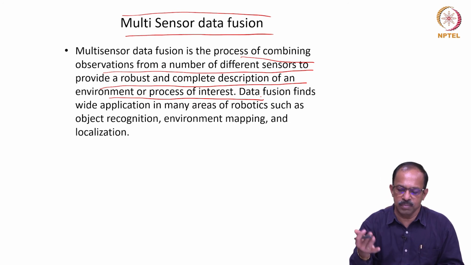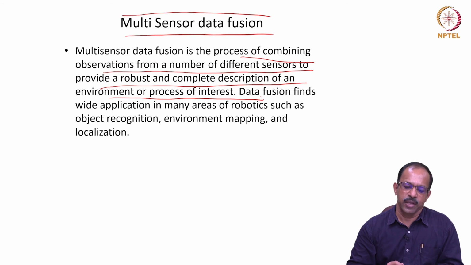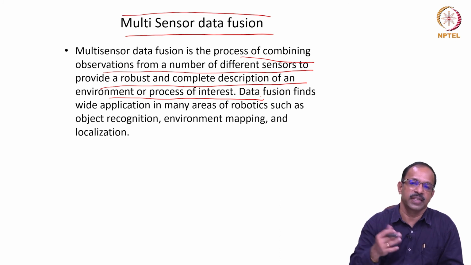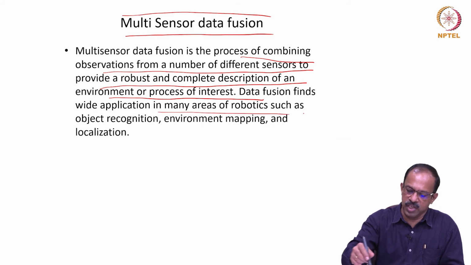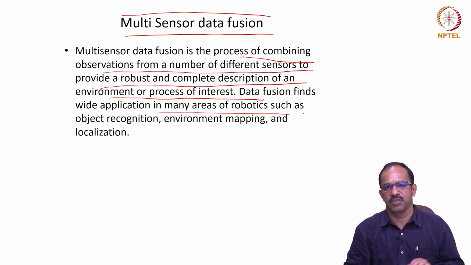So you will be able to combine data from different sensors and then use it for getting the estimated position with much more accuracy. It actually has got wide application in many areas of robotics: object recognition, environment mapping, and localization.